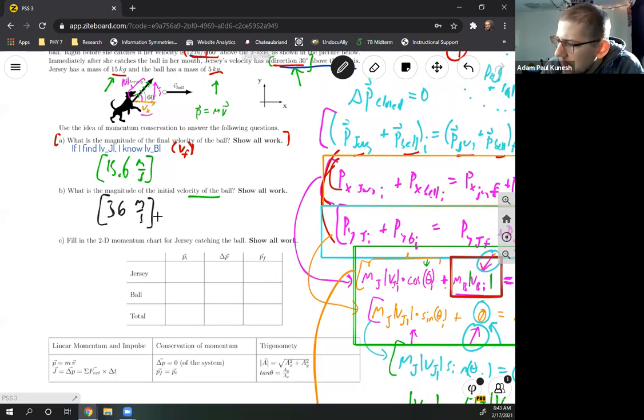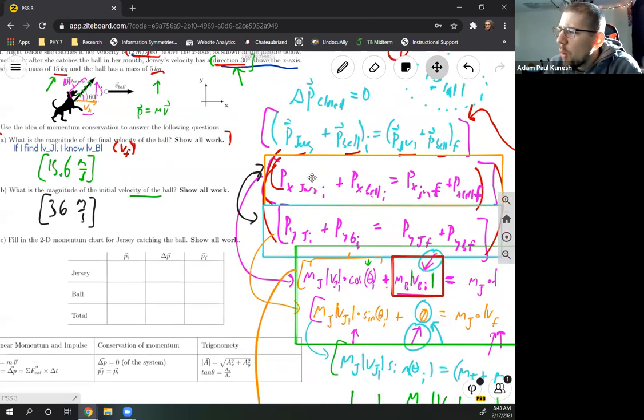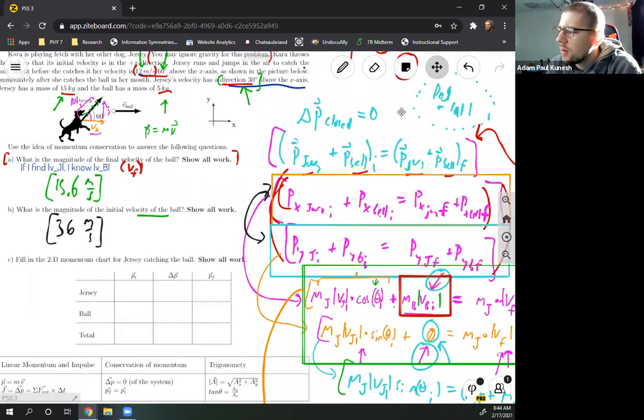So parts A and B here are kind of combined. I needed to solve this system of two equations in order to find the answer. And there's no way I could have known off the bat, without having practiced any similar question, that the y component was going to be easier to solve.